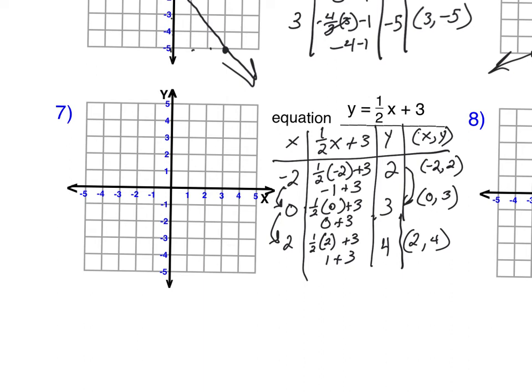Okay, a negative 2, 2. That means it's a unhappy 2, 2. Get it? All right, so left 2, up 2, 0, 3, and positive 2, 4.